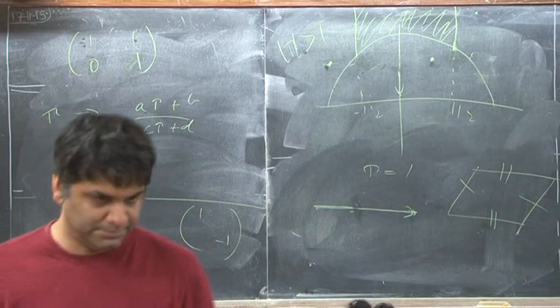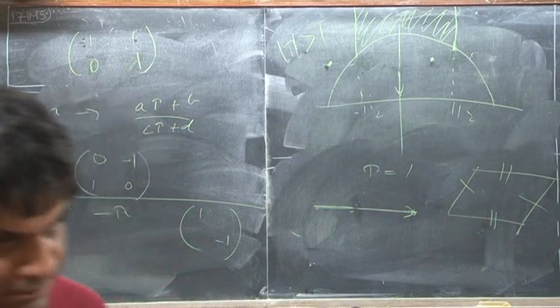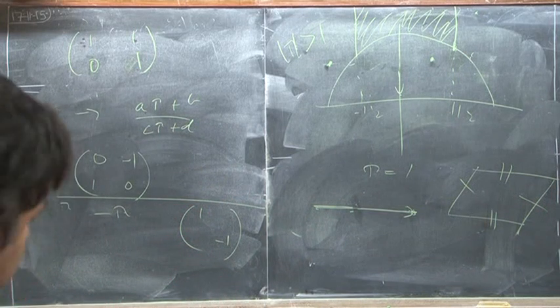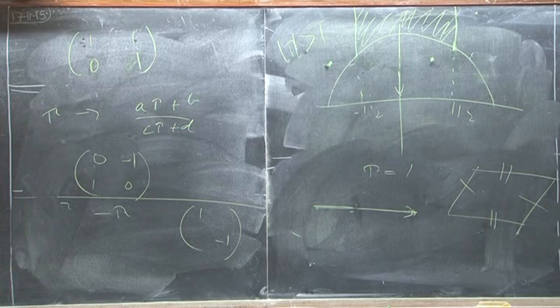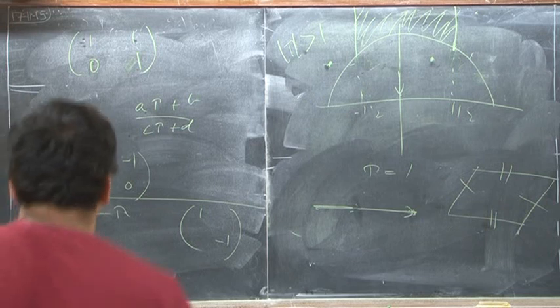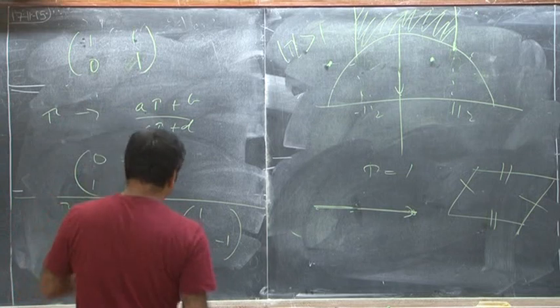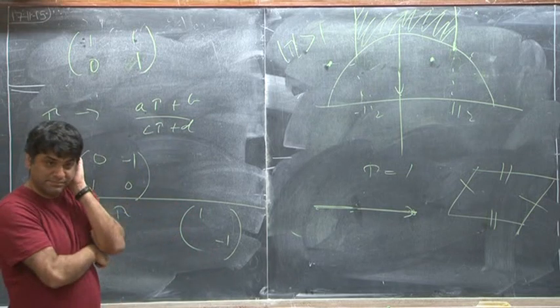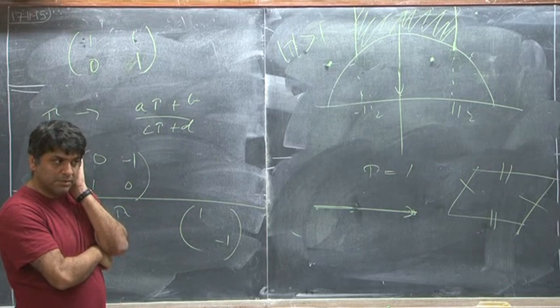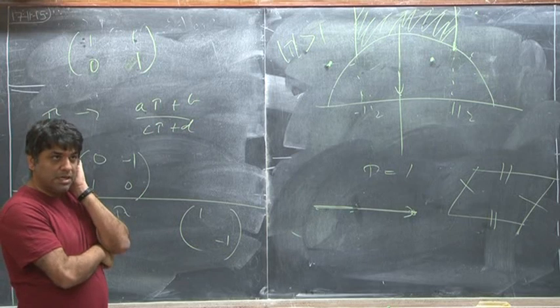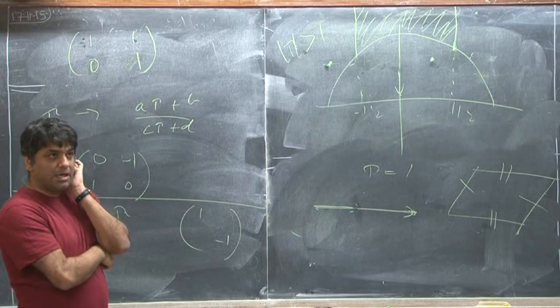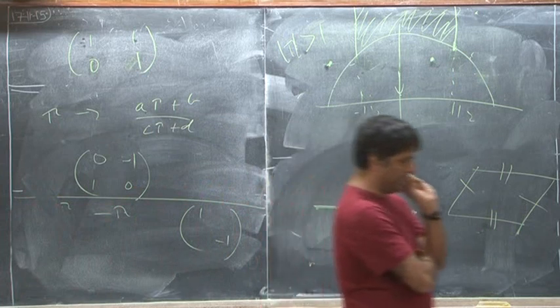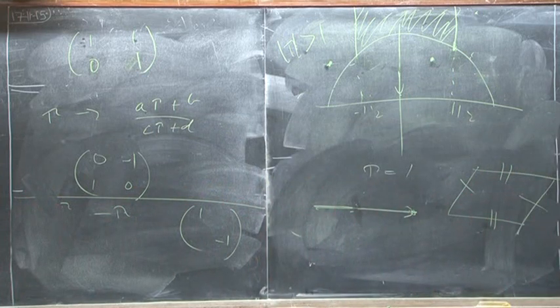So, you use the first two guys to say it's SL2Z, and then you use the third guy to make it SL2Z mod Z2. But I thought you used the three guys to make it SL2Z. Wait, let me see. So this is what you were saying right at the beginning.